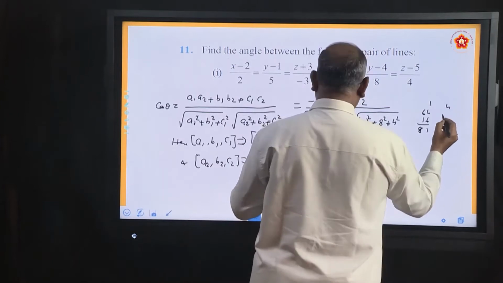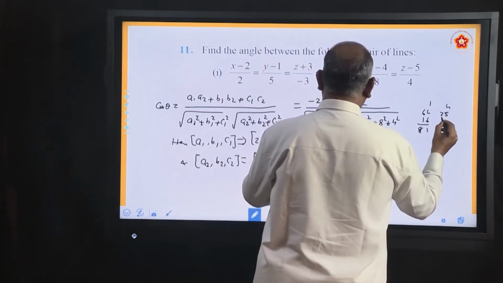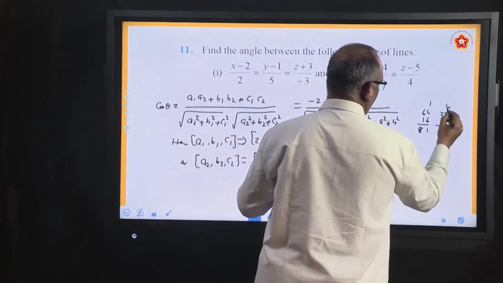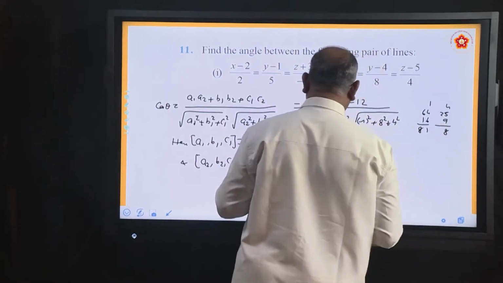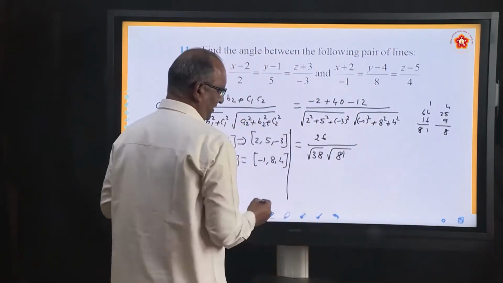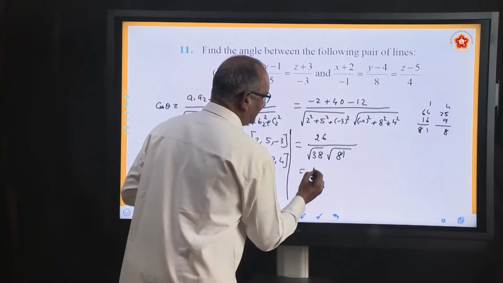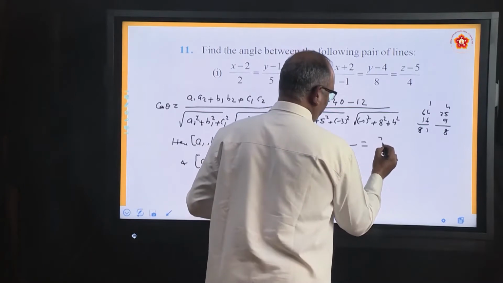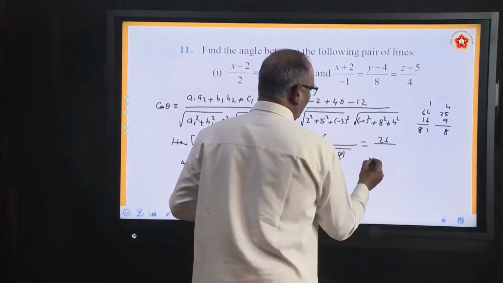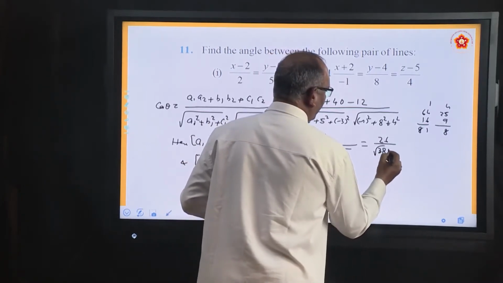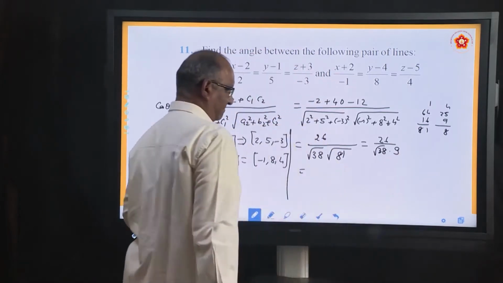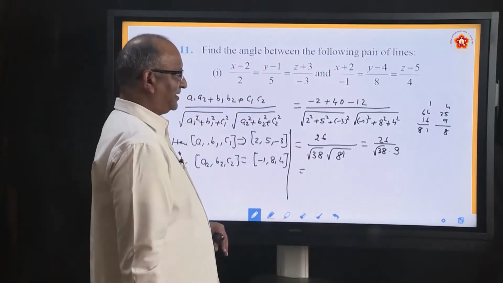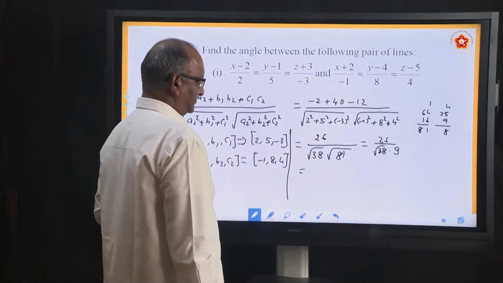This is 4 plus 25 plus 9, 38, yes. Simplify it. This can be written as 26 upon root 38 into 9, because square root of 81 is 9.